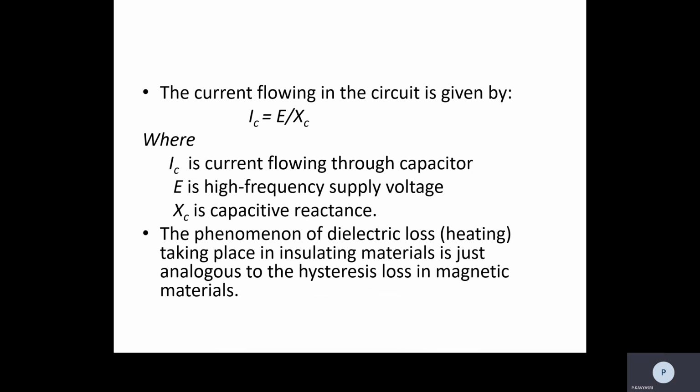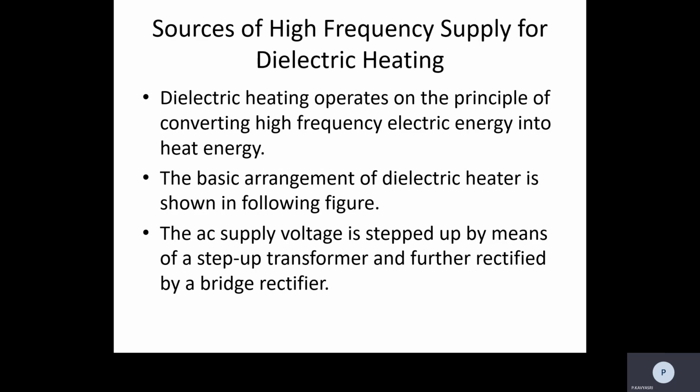The current flowing in the circuit is given by Ic = E/Xc, where Ic is the current flowing through the capacitor, E is the high frequency supply voltage, and Xc is the capacitive reactance. The phenomenon of dielectric loss taking place in insulating material is analogous to the hysteresis loss in magnetic materials. Now we will see the sources of high frequency supply for dielectric heating.